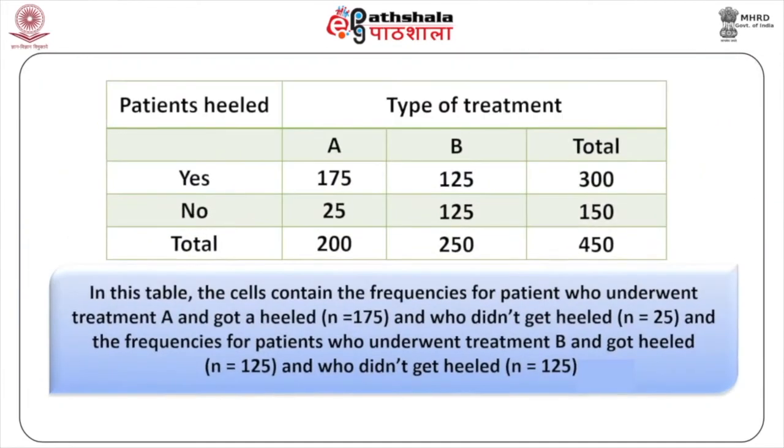For example, we can see in the total column that there were 300 patients who got healed and 150 patients who didn't. We can say that in total there were 200 patients who underwent treatment A and 250 patients who underwent treatment B. Finally, there is the total number of observations in the whole table called n. In this table, n is 450.